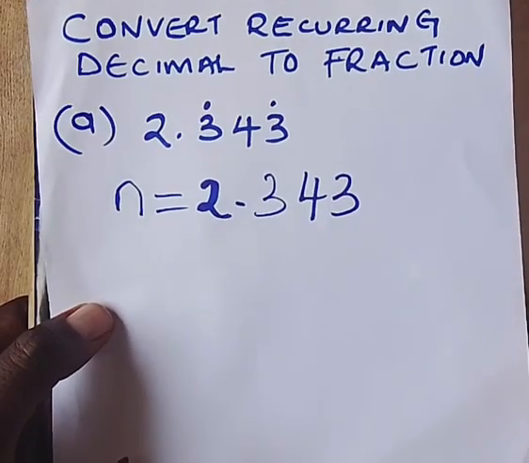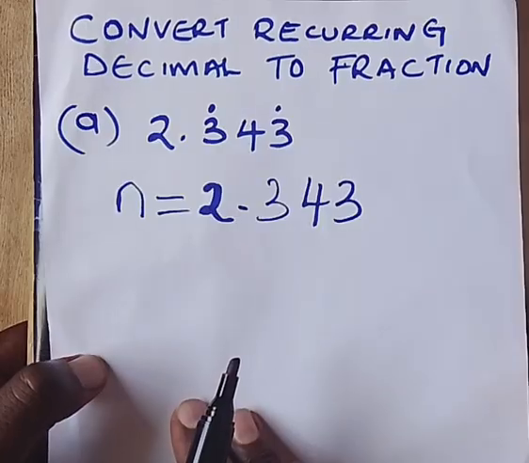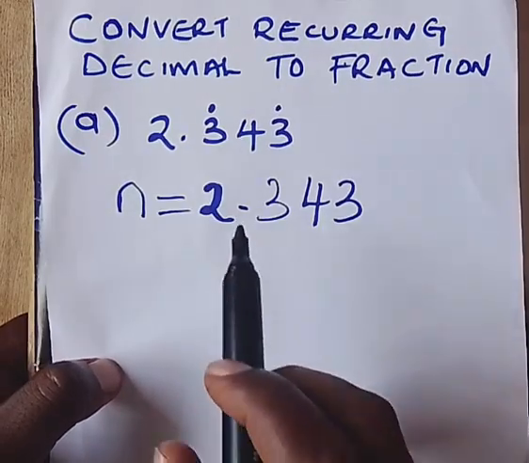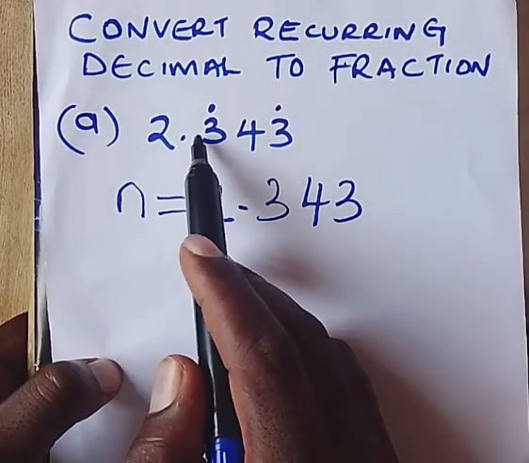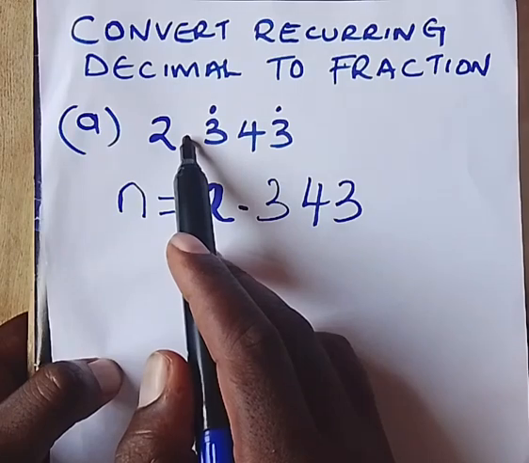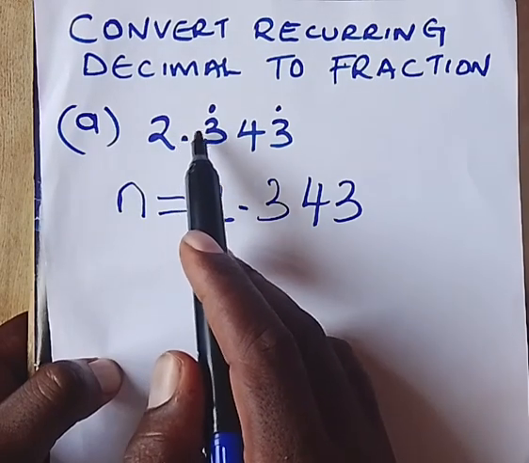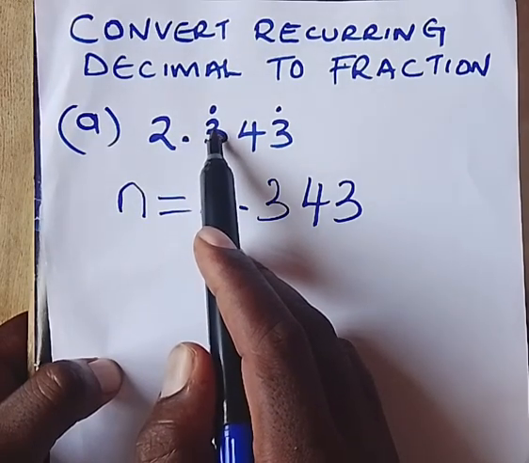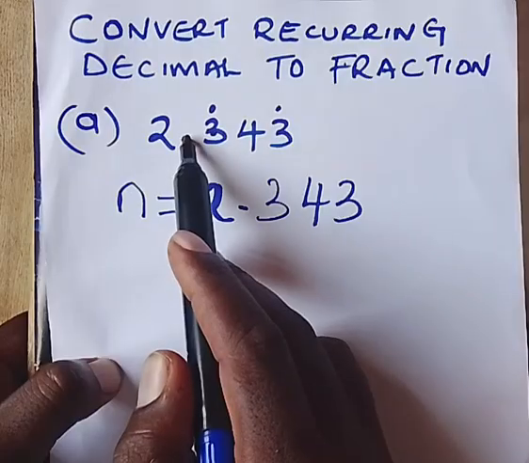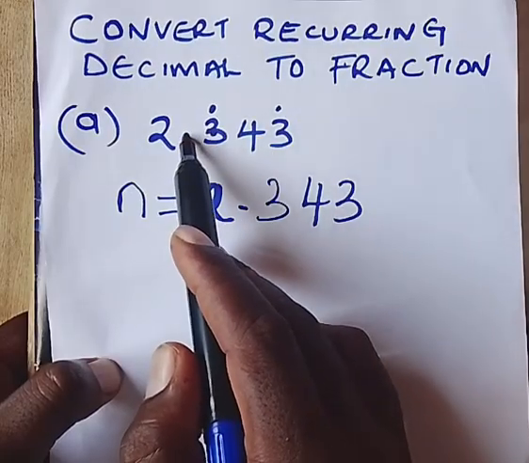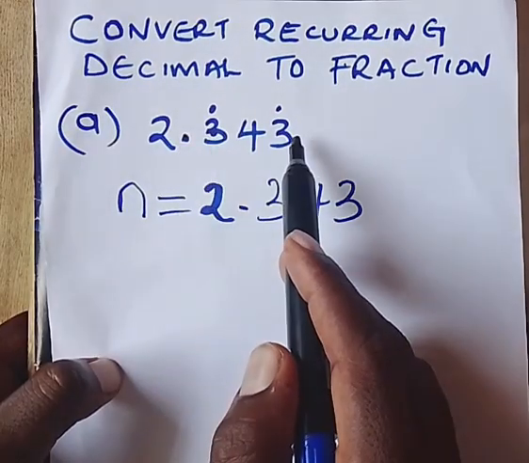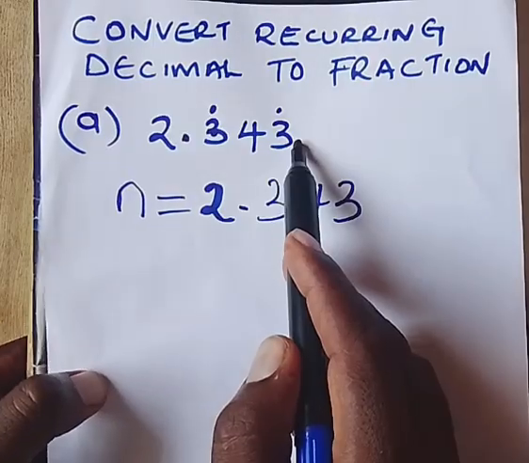Now the second step: we are not going to move the decimal in the first step because it is already before the recurring digit. Now the second step is we attempt to move this decimal place from here to the last recurring digit.